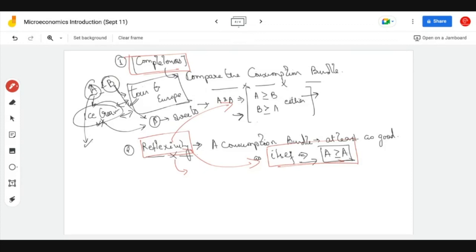Okay. The next thing that we need to look at is transitivity.